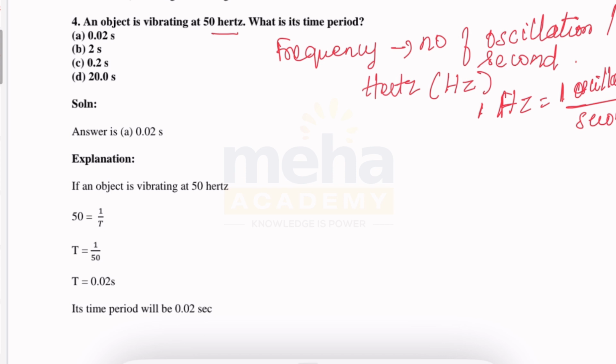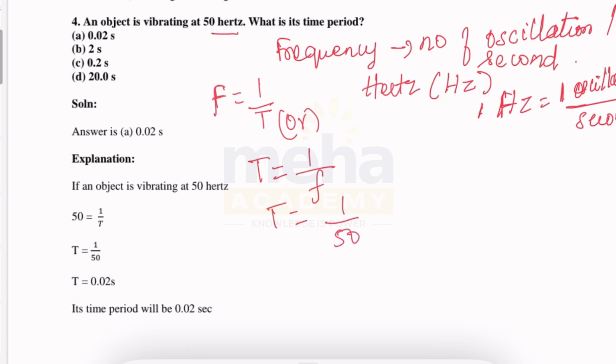So, if an object is vibrating at 50 Hertz, what is the relation between the time period and the frequency? Frequency is equal to 1 by T, or we can say T is equal to 1 by F, frequency. Therefore, T is equal to 1 over 50.